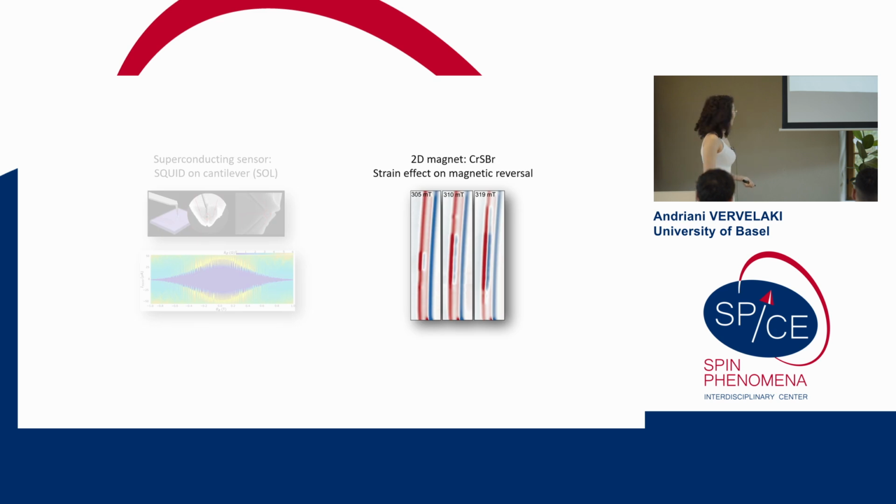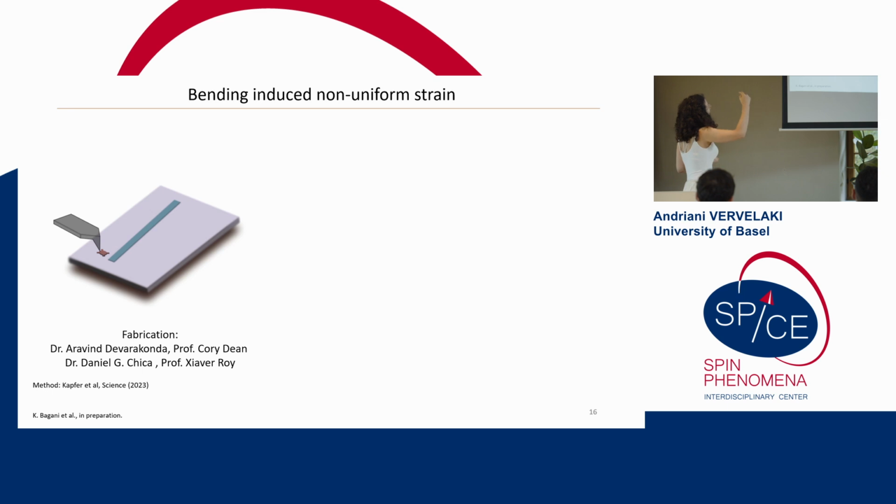Okay, finally going to the actual study. We used the sample that we got from the collaborators at Columbia, from Cory Dean and Xavier Roy's group. What they did is take a chromium sulfur bromide flake that has, as we said before, this ribbon shape, and by using a micromanipulator and an AFM cantilever, they pushed the micromanipulator on one side of the flake, creating a bent structure.